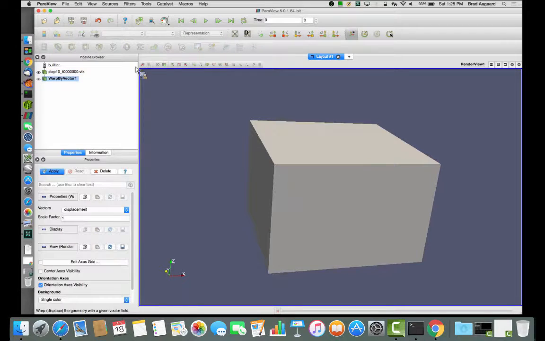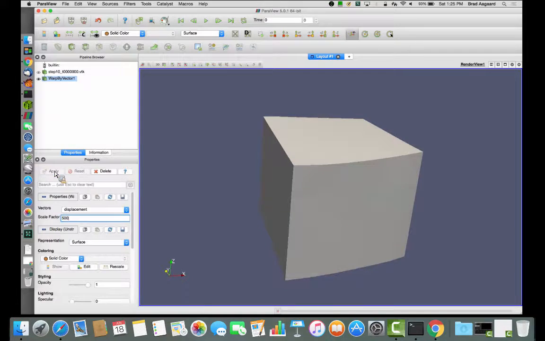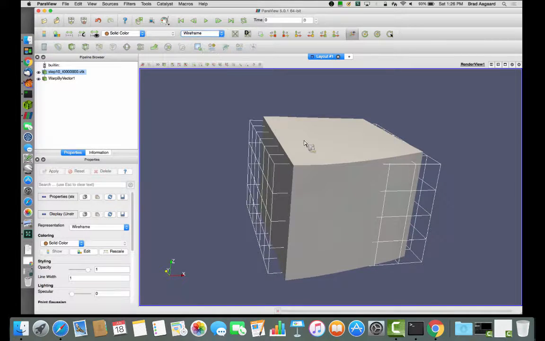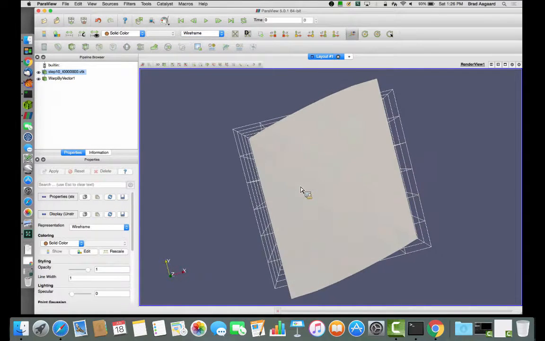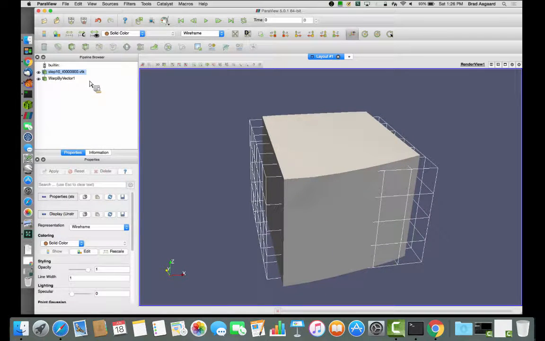Let's distort it by a factor of 1,000. Well, maybe not 1,000, 500. But you'll notice we've squeezed the box. If I put on the original in wireframe mode, there was our undeformed configuration. So we've squeezed the box and then we've sheared the box. And I'll show you the wireframe.